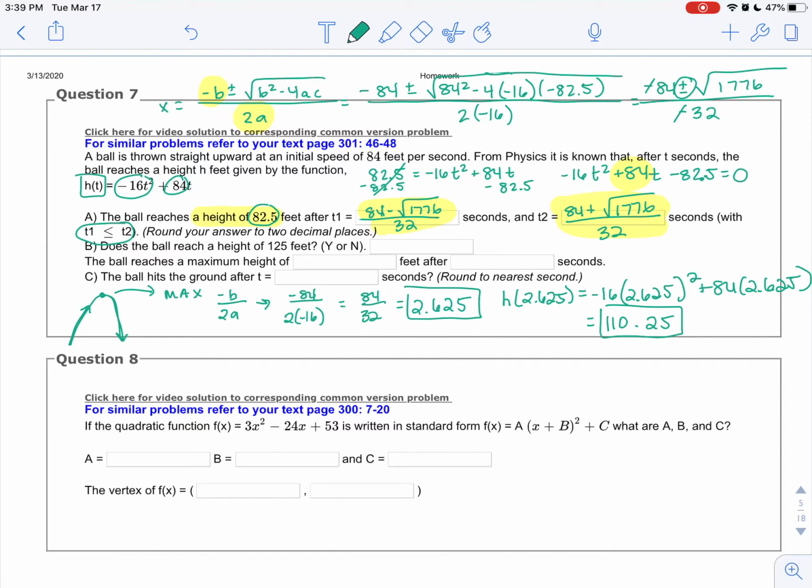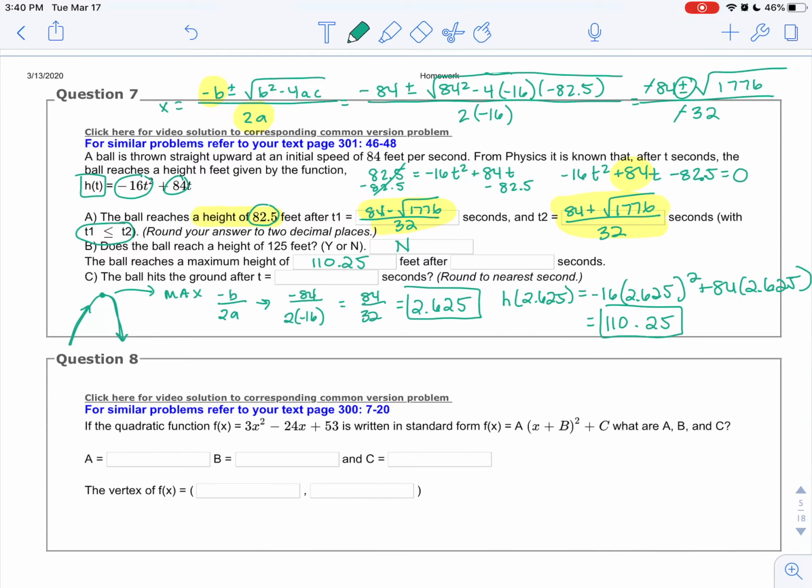So that is my maximum height. Does the ball reach a height of 125? It would appear not, so I'm going to put in an n. And let me just verify that. Then it says the ball reaches a maximum height of blank feet. Well, we found that our maximum was 110.25.